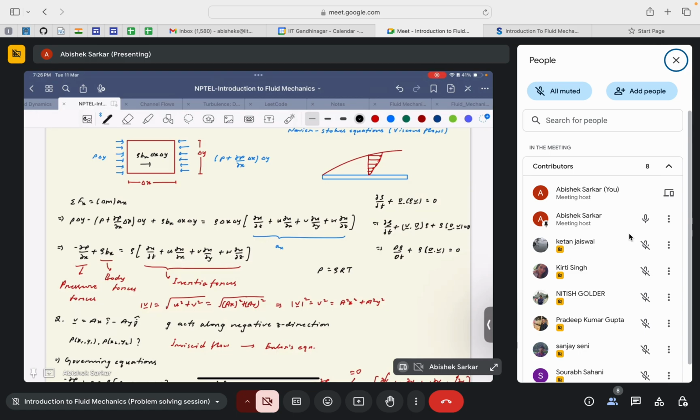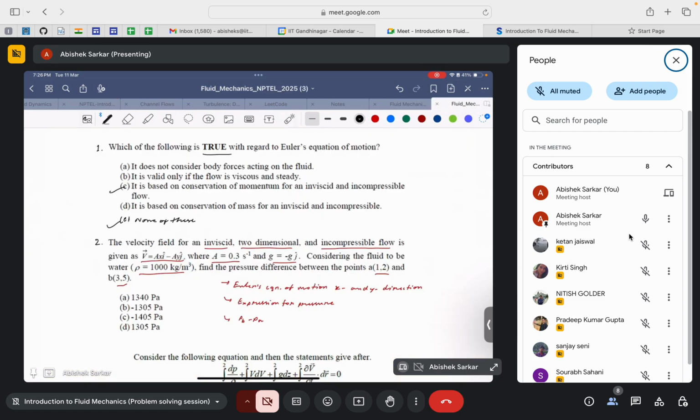So Saurabh has rightly mentioned that Euler's equation of motion is valid for both compressible and incompressible flows. But given the scenario, among the following options, the most suitable answer is option number C. So we have to go with option number C, because Euler's equation of motion is the conservation of momentum for inviscid and incompressible flow in the simplified case that we have studied till now.